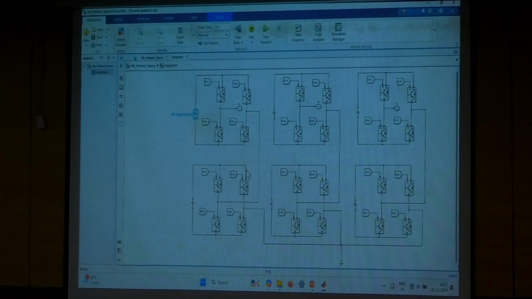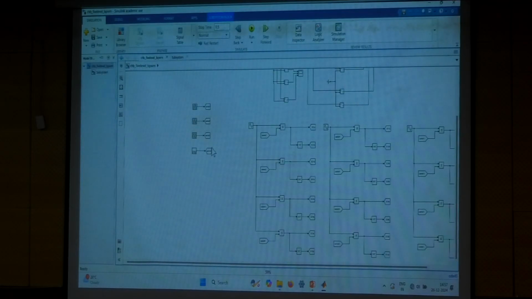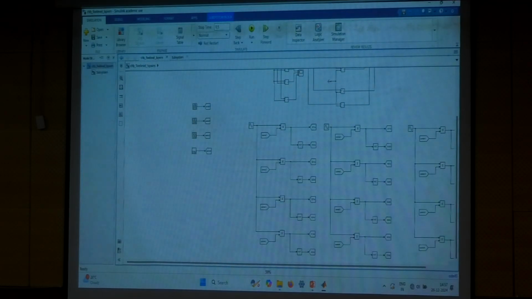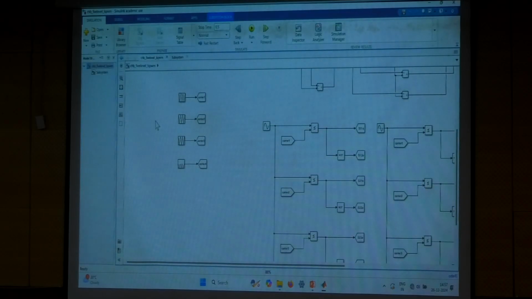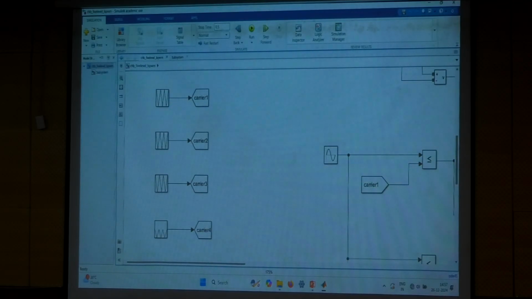So we have a 5-level cascade H bridge right now. I generated 3 modulating signals. From this, what kind of PWM technique is this?